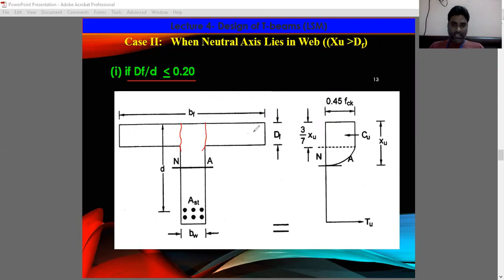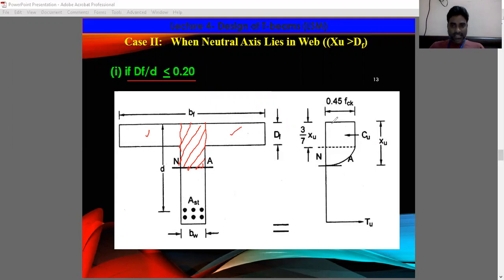Because here the stress is uniform, but here it is a parabolic distribution, and it is 0.45 fck here. So I can calculate the compressive force taken by these two flange portions, and I can take the compressive force taken by this third portion.